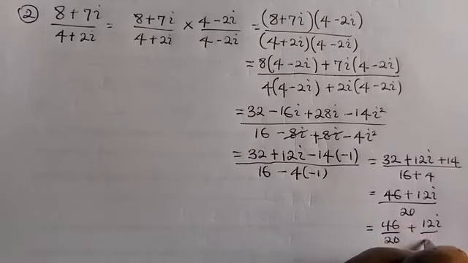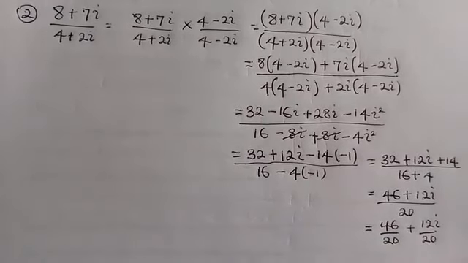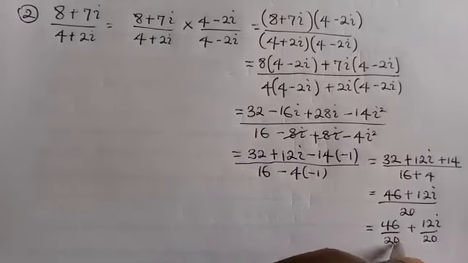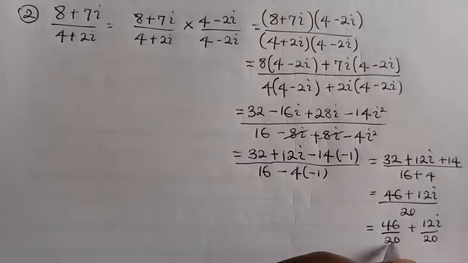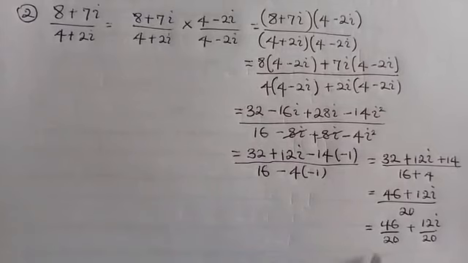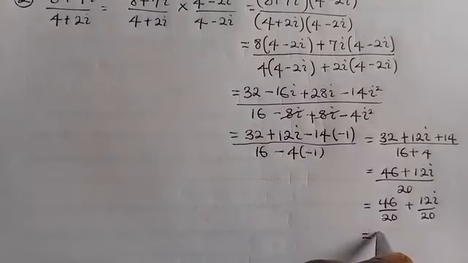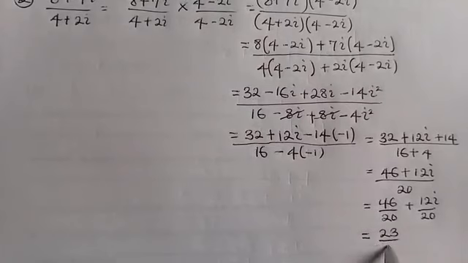12i over 20. Reducing this fraction, the common factor here between 46 and 20 is 2. So reducing 46 by 2, we are going to have 23. Reducing 20 by 2, we are going to have 10.